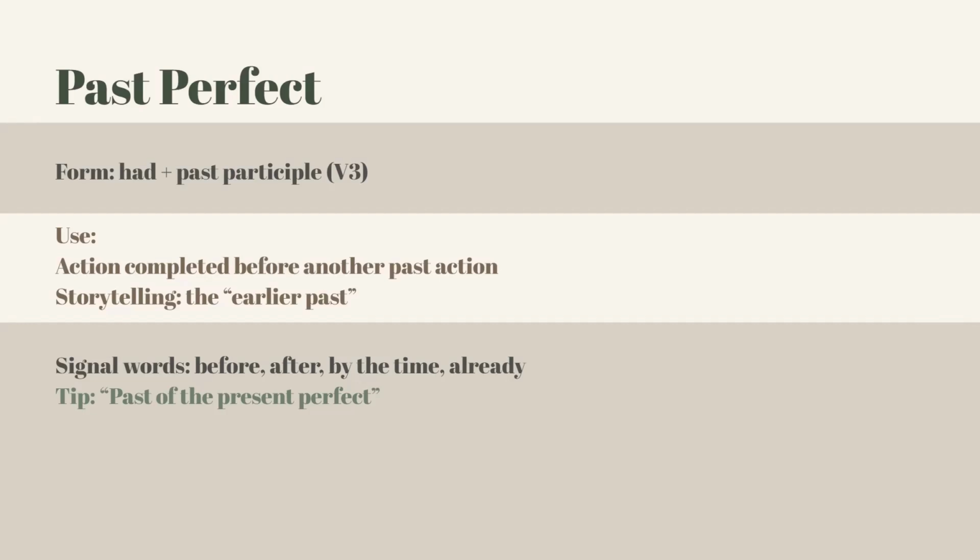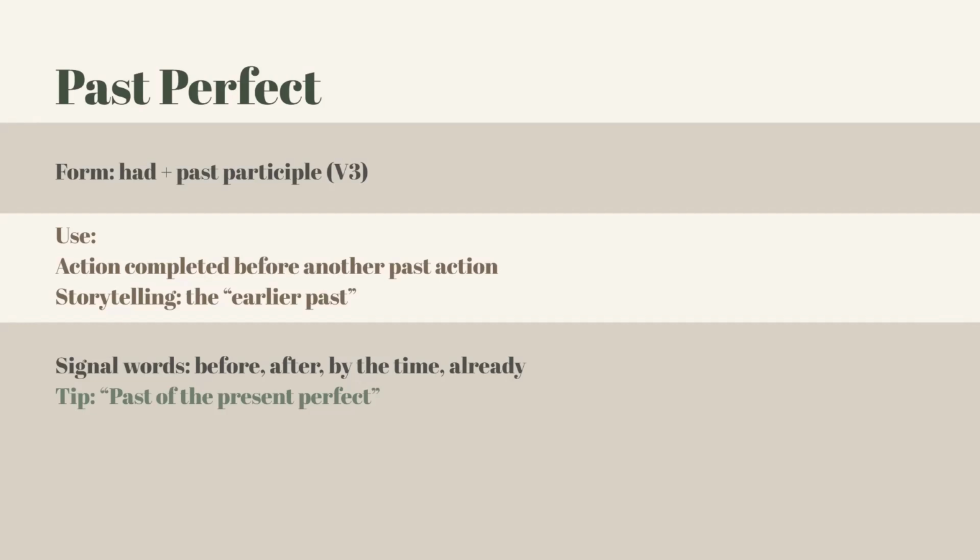Let's give you an example, and let's analyze the example to actually find the form. Let's say I had finished my homework before dinner, right? There are two actions, actually: finishing the homework and a dinner. It says that I have finished my homework before the dinner has started.